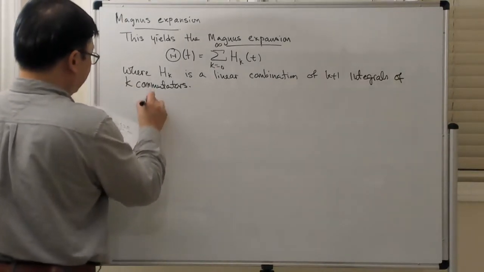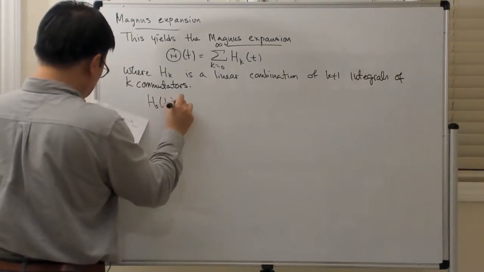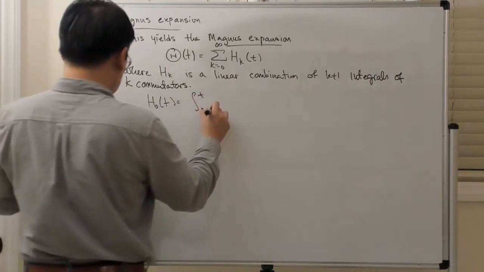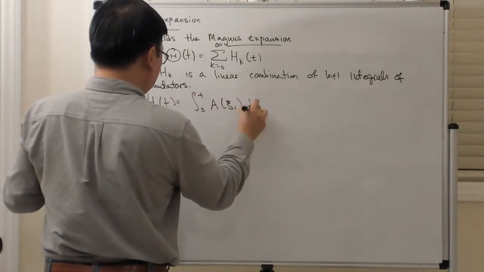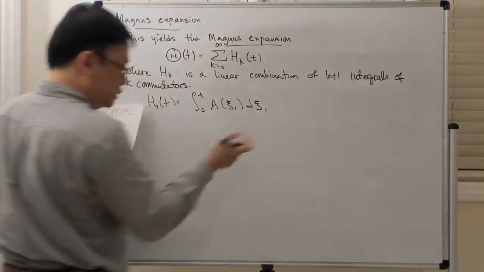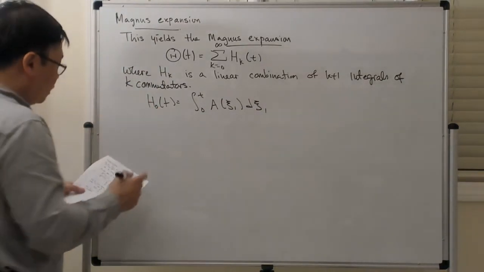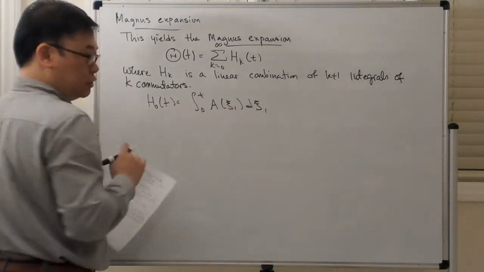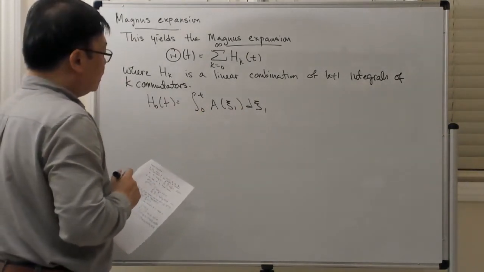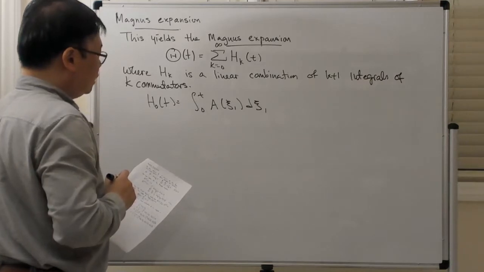So h0 of t is going to be the integral from 0 to t of a of c1 d c1. So this is of course just the simplest case, which we have from before, which you always have even in the scalar linear equation case.